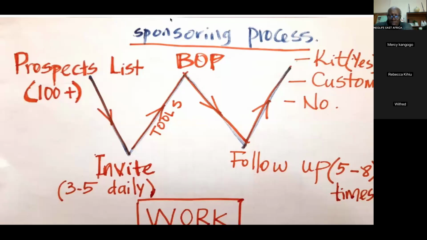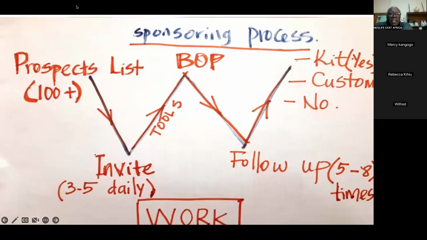The sponsoring process involves a number of steps that you need to master in order to grow your business. The first is to prepare a prospects list. A prospects list is a list of people whom you intend to speak to about our business or to educate on what our business does to help them make a decision to join.